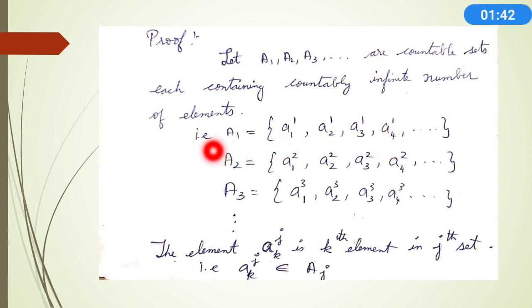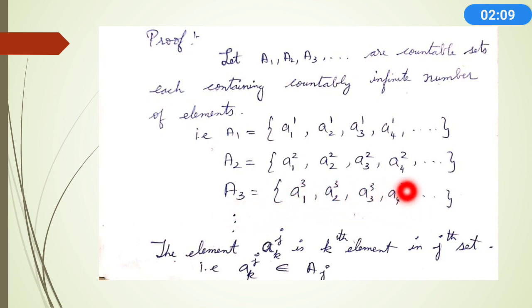The elements in my set A1 are of the form a1^1, a2^1, a3^1, a4^1, etc. with the powers as 1, and the elements in A2 will be of the form a1^2, a2^2, a3^2, a4^2, etc. with the powers as 2, and the elements in A3 will be a1^3, a2^3, a3^3, etc. with powers as 3.